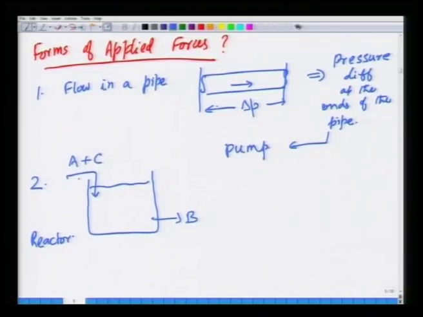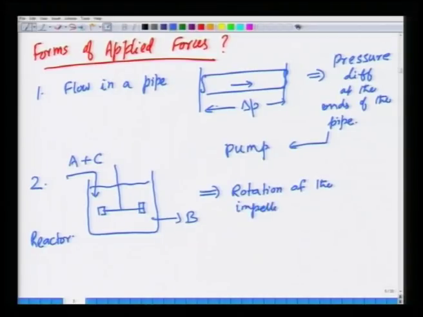So, you want to mix the 2 reactants very well. So, you place an impeller. Here, the rotation of an impeller drives the flow in a reactor.